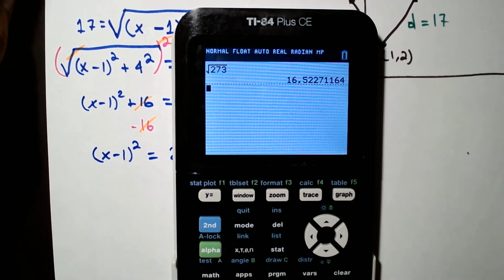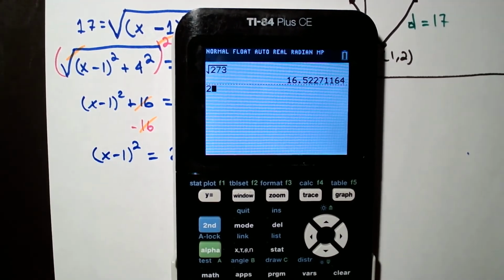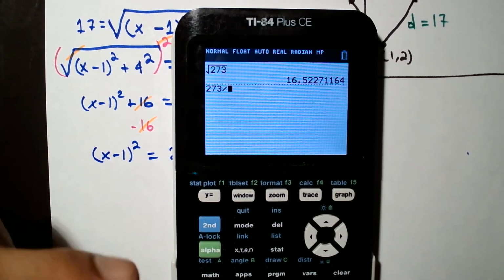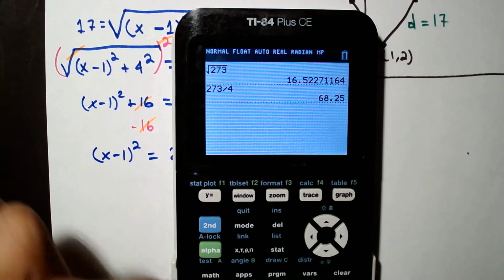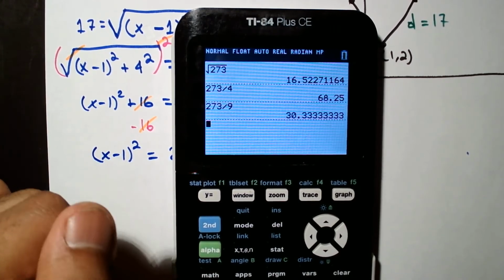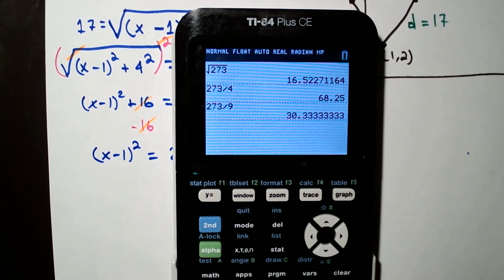So I'm going to start dividing the number 273 by the possible perfect squares. I'm going to divide by 4. Of course, it's not going to work. 273 divided by 9, that's not going to work either.